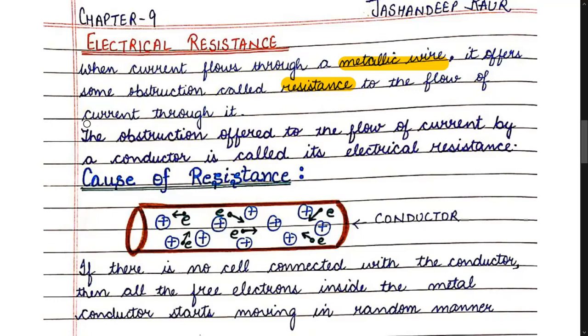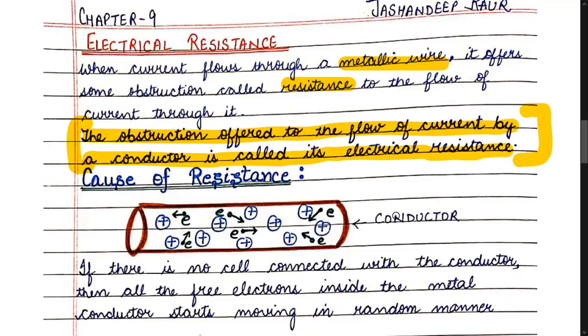So what is resistance? The obstruction offered to the flow of current by a conductor is called its electrical resistance.